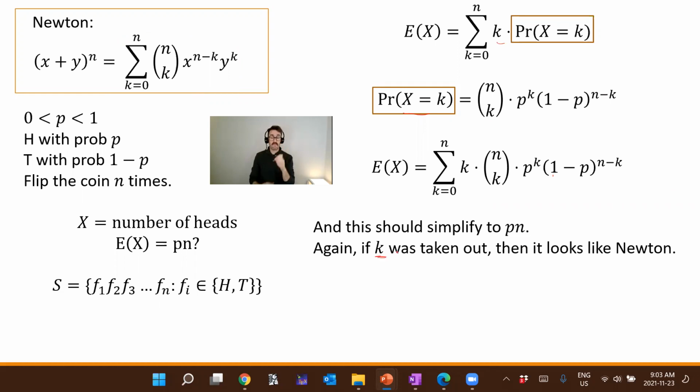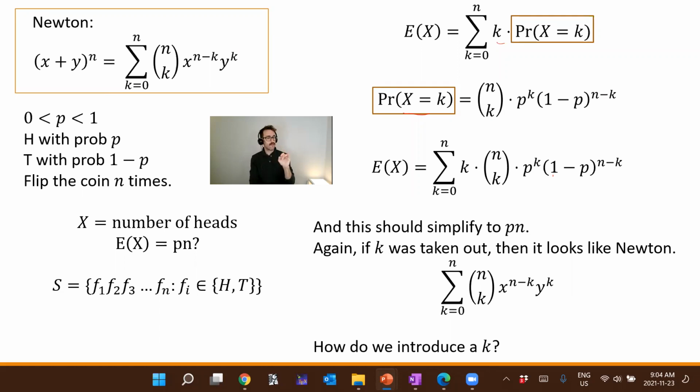So if we took the k out, this would look very familiar. However, we do have a k in there, so we want to take this and introduce this k term. And we're going to use the same technique as before. We're going to take the derivative.